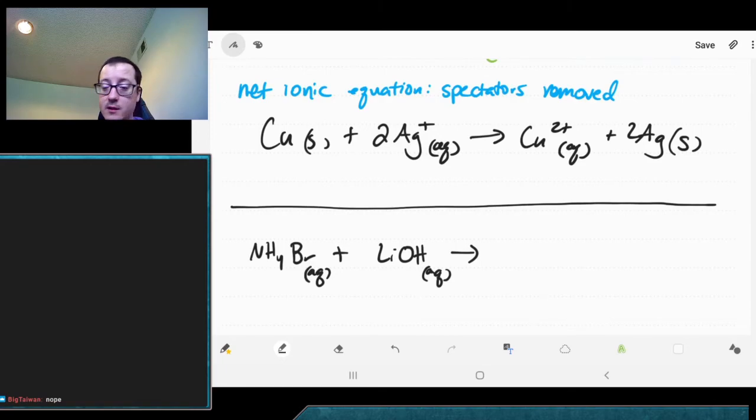We can predict the products. Hopefully we can see that lithium bromide will be one of the products. That should be aqueous, of course, because it's got lithium. It's also got bromine. Bromine tends to make things soluble. The other one we get from this double displacement reaction is the ammonium hydroxide.